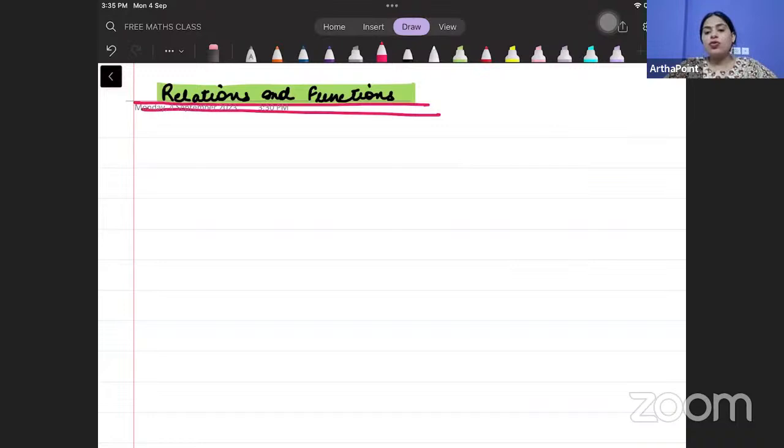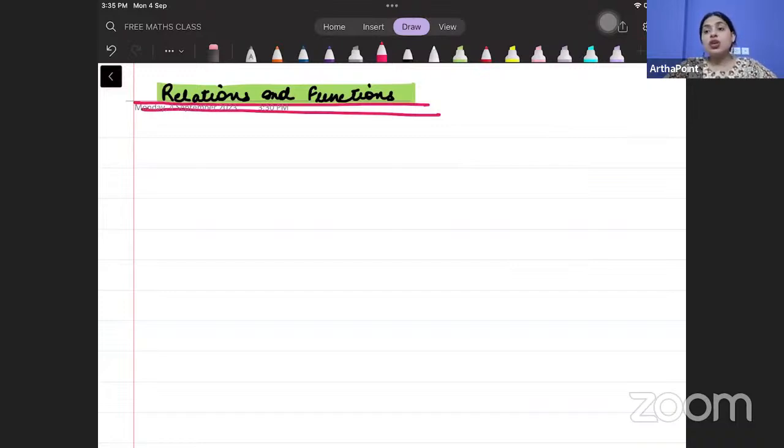And today I want to start with the new chapter, which is going to be relation and function, right? So it is going to be relation and function. That is what we are going to do. But this is chapter number 2 of your NCERT class 11.